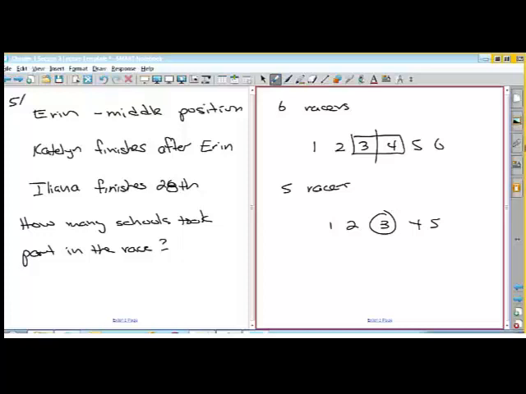Okay, now, what else can you say about the total number of racers that are running in this race? Are they a multiple of any number? There are 3 runners per team. So the number of racers has to be a multiple of 3.